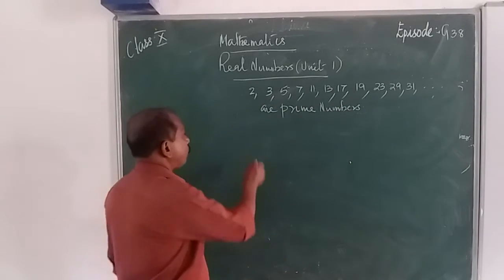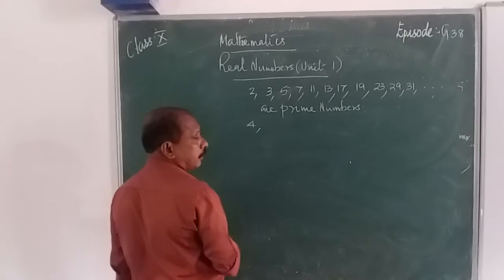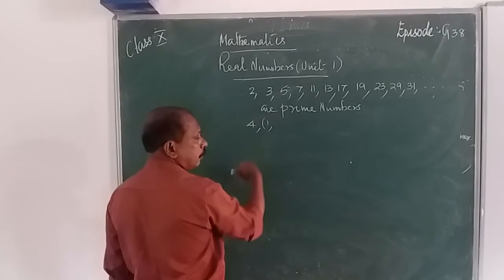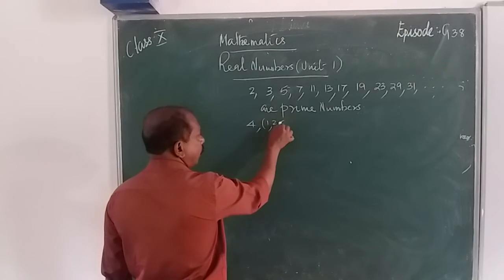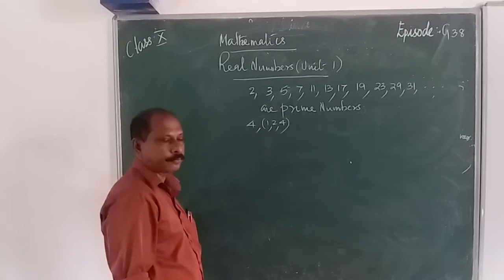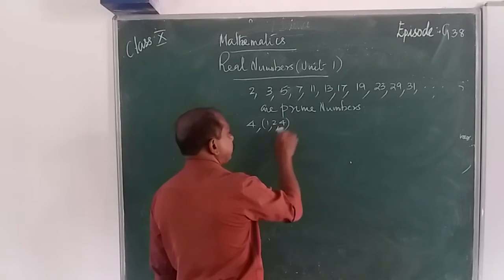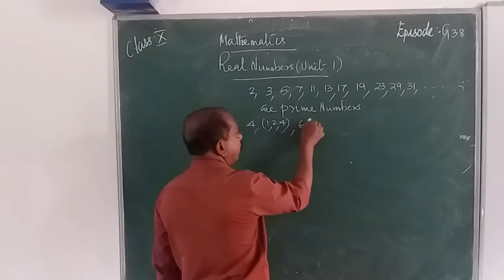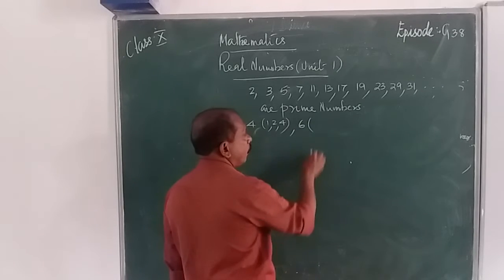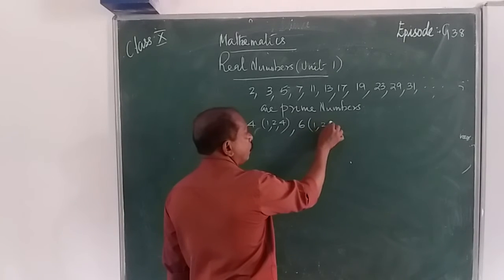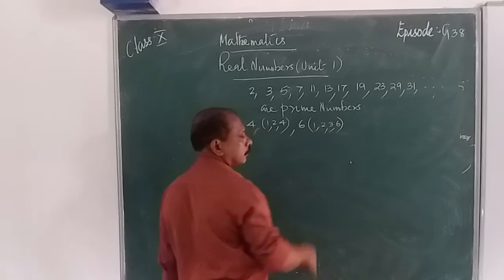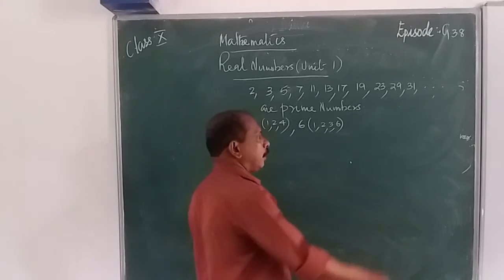Let us consider 4. What are the factors? 1, 2, 4. There are 3 factors. Then 6. What are the factors? 1, 2, 3, 6. Then 8.